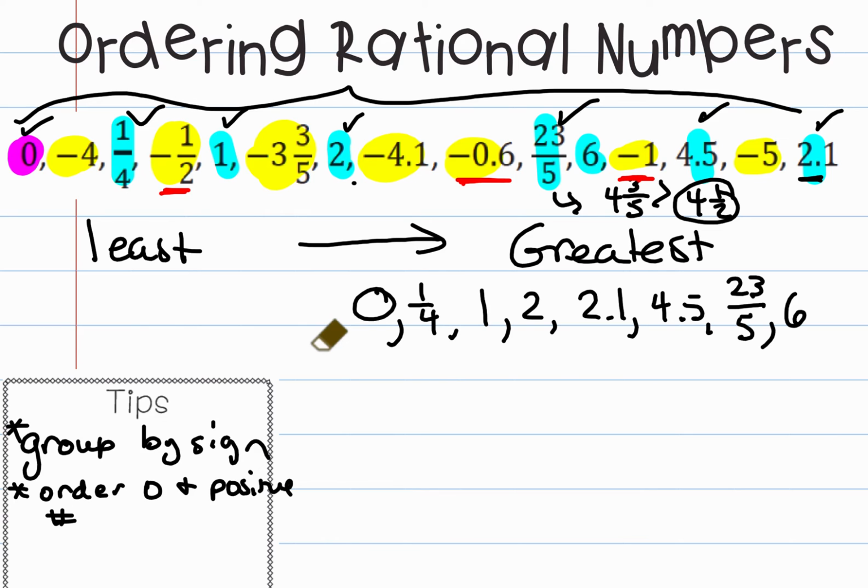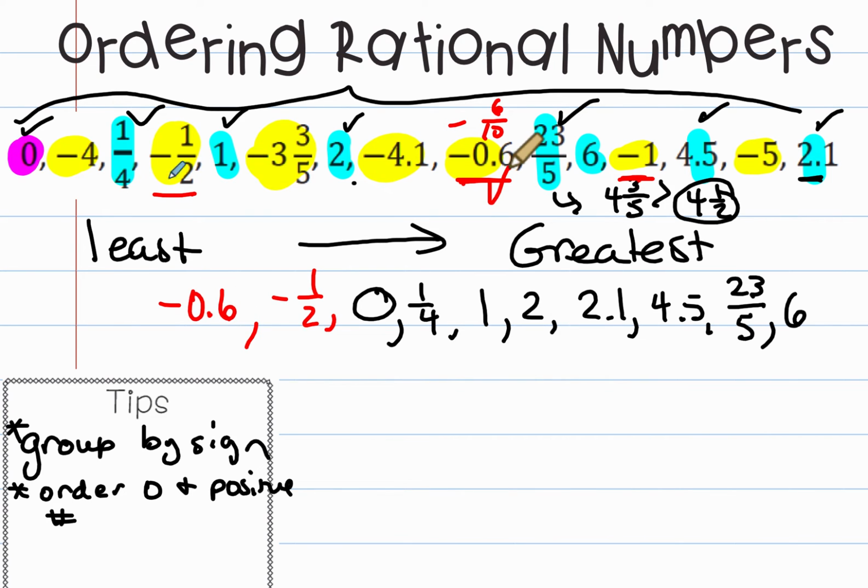Well, I know -1 is definitely less than 0, but there's some numbers that are between -1 and 0, and that's that -6/10 that's negative and the -1/2 that's negative. Well, which one's bigger? Well, if I make 6/10 a fraction, I know 5 out of 10 is exactly half, which means this is a little less than a half, which means -1/2 is closer to 0 than -6/10.